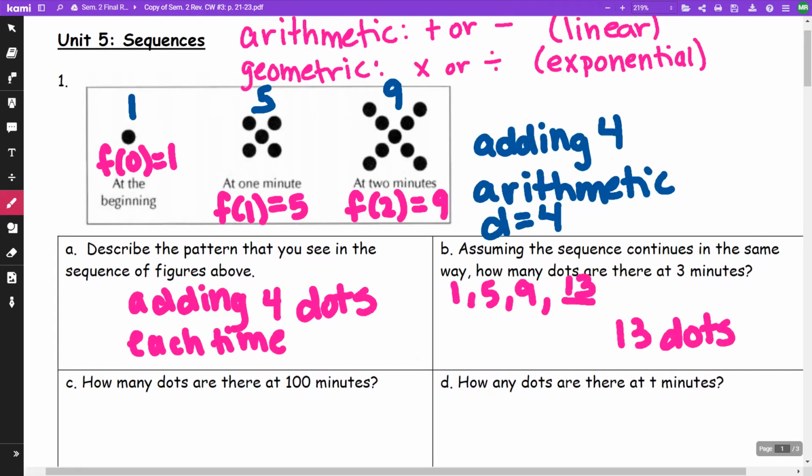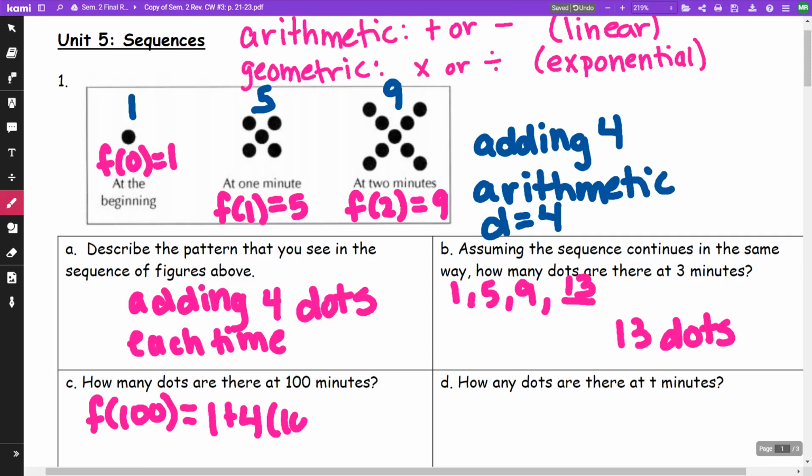To figure out how many dots there are at 100 minutes, it might be helpful to figure out an equation or something that we're doing. So what I'm going to write is if I want to find f of 100, we are starting with 1 dot and we are going to be adding 4. We add 4 once to get to my first term, twice to get to my second term.